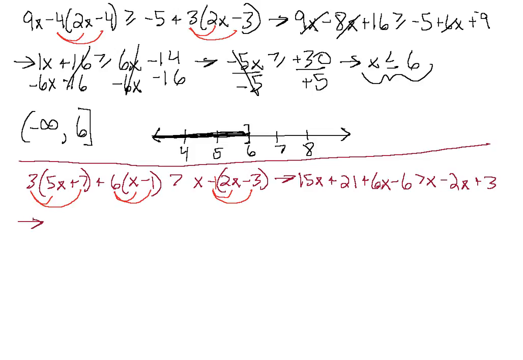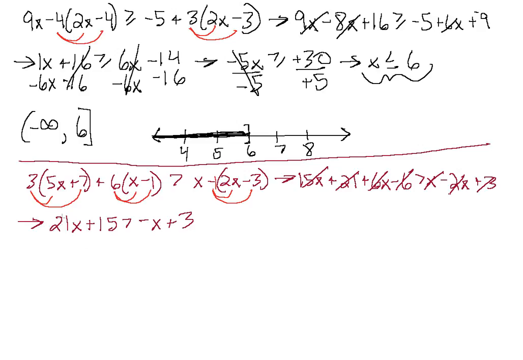Let's go ahead and simplify things by combining like terms. Here we have 15x plus 6x is 21x. We have 21 minus 6 is a positive 15, which is greater than. We have 1x minus 2x, which is a minus 1x, or just minus x, and plus 3.